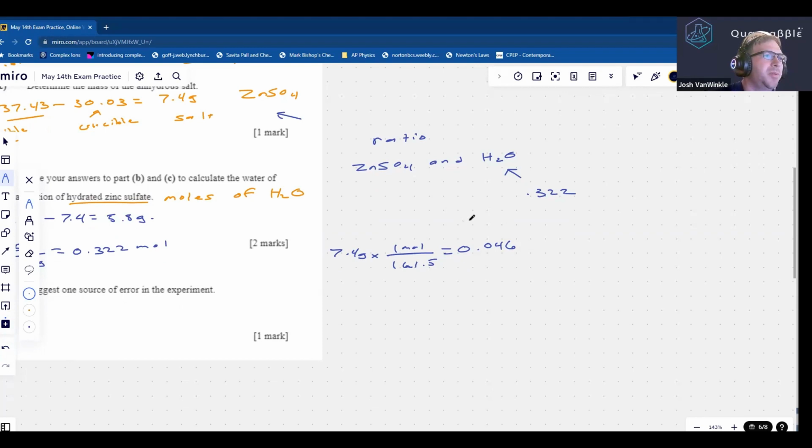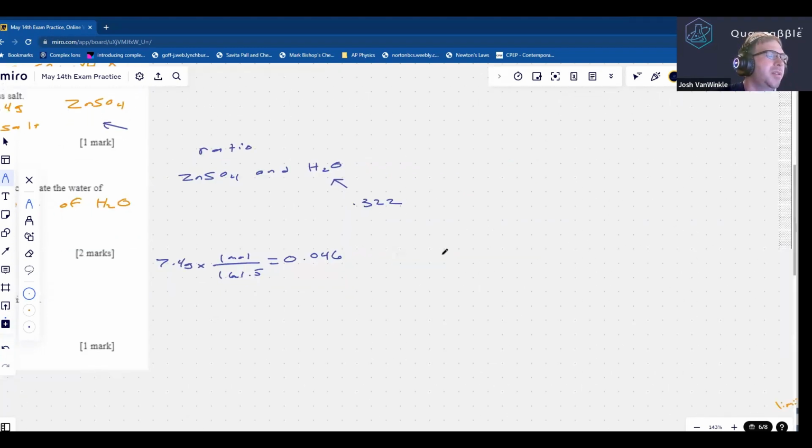So I want a ratio, and when they write hydrates, they write them like this, the ratio of the salt, and you just kind of want one down there, and to the H2O. So you're going to get some kind of number up here when you do this. So all you do is you take 0.322, which is your water, divided by your salt, 0.046, and hopefully you get something like a whole number.